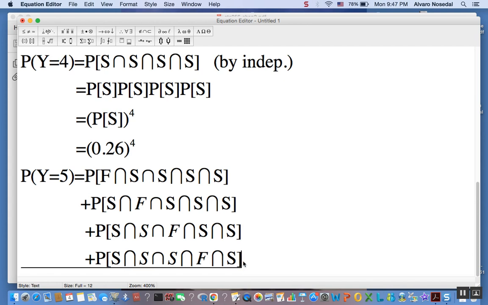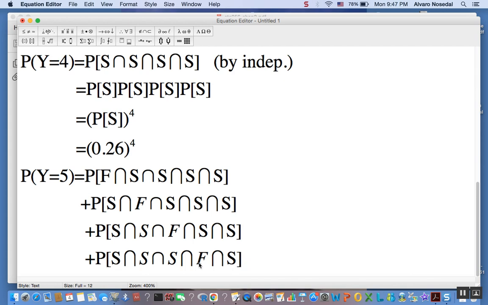And that's it. Now note something really important, something that all these sequences, if you will, share. This one here, the last one, is always a success, right?